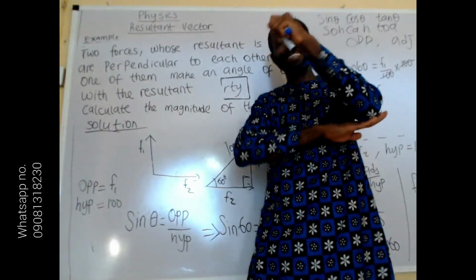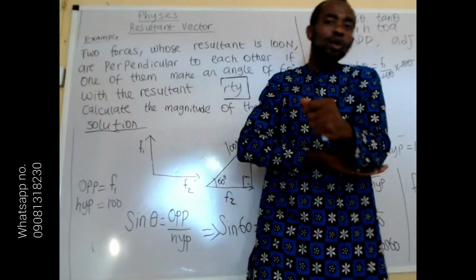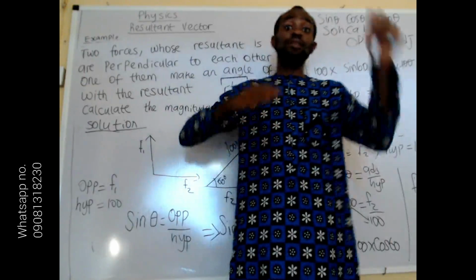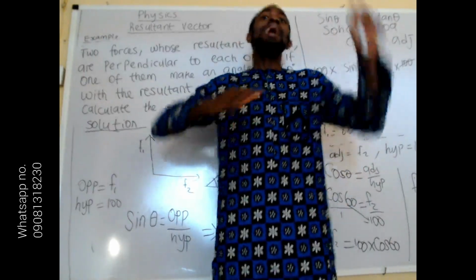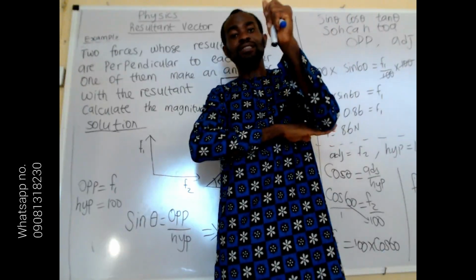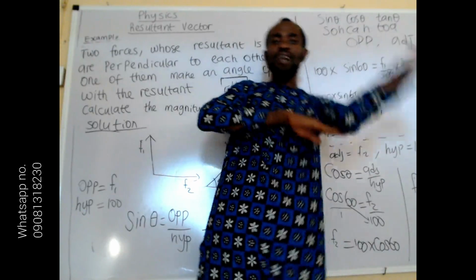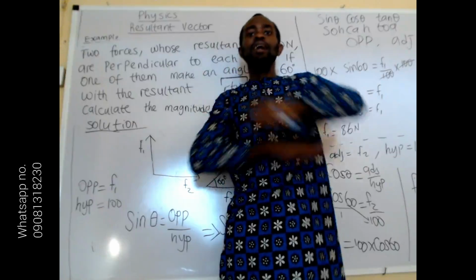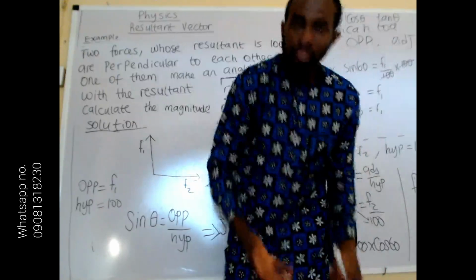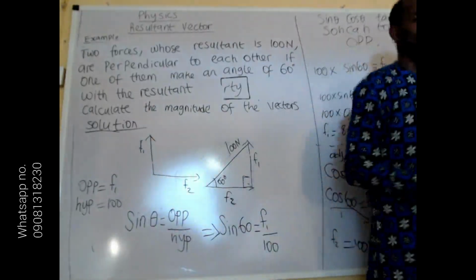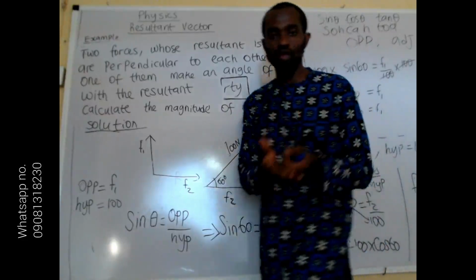They are acting at a point at an angle different from 90 degrees. They can be any angle: 120, 45, or 30. Now, how do you go ahead to sum these two vectors to get their resultant vector? That is what we want to discuss next.